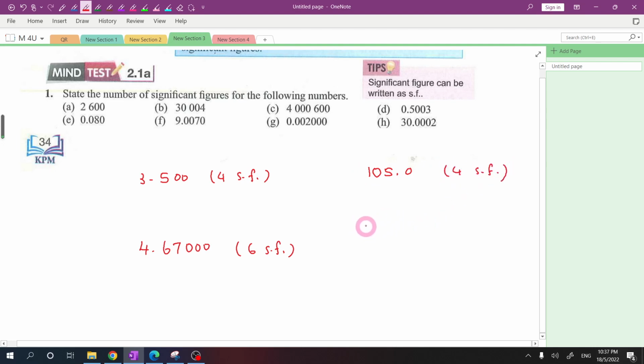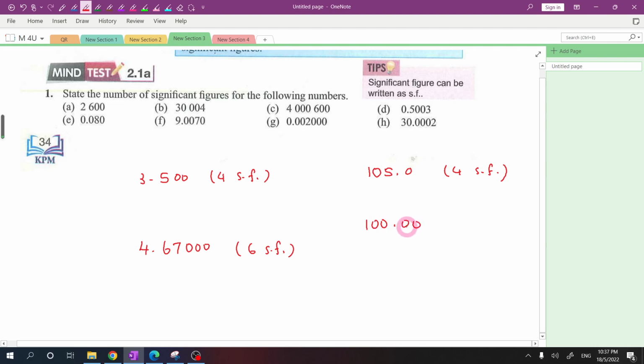Okay, try to think, how about if I give you 100.00? How many significant figures do we have here? Are these two zeros significant figures or not? They are not lying between two non-zero digits. We have one non-zero digit here, but all the digits after it are zero as well.